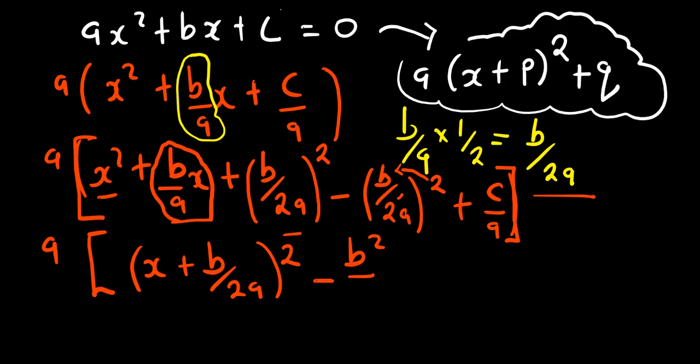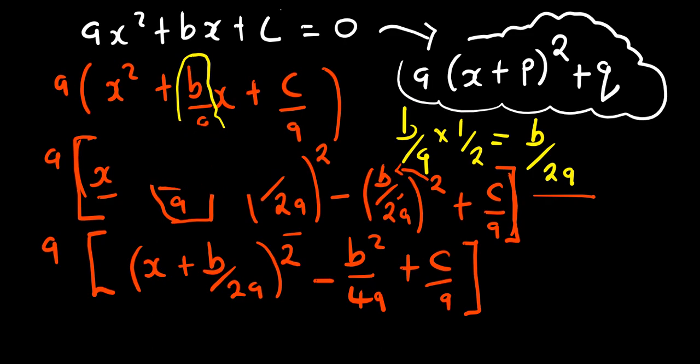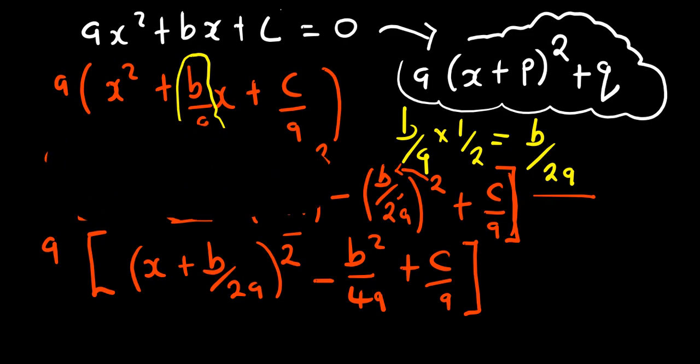So that would be 4a squared, plus c over a. Okay, this is what we have as for now. Allow me just to wrap up the top part.